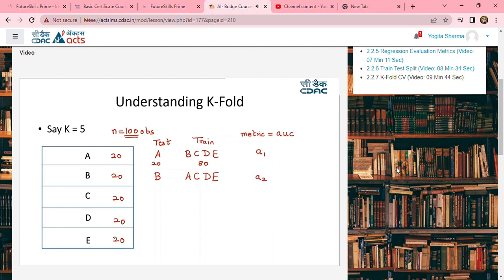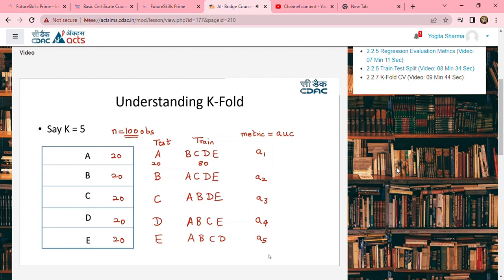These will be actual values, maybe 0.83, 0.87. Likewise, C as the test set and A, B, D, E as the train set, then D as the test set, and likewise we have all other fold combinations evaluated.